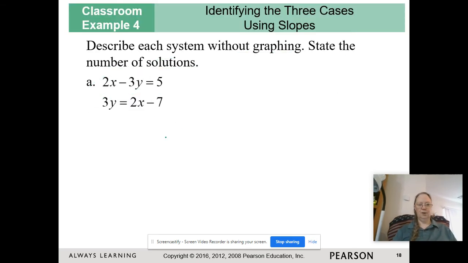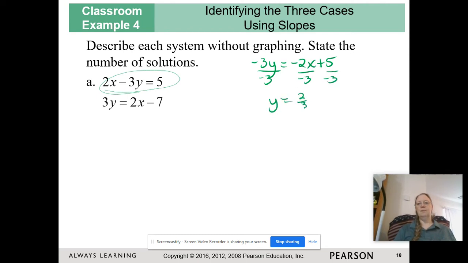So clear all this out. We're going to put this in slope-intercept form. We're going to subtract 2x and divide by -3. All right, so my slope is 2/3, and my y-intercept is 0, -5/3.